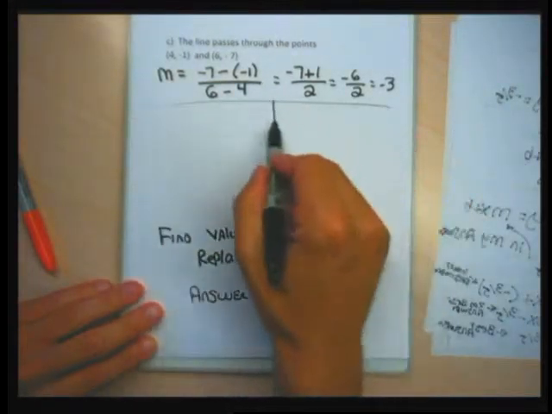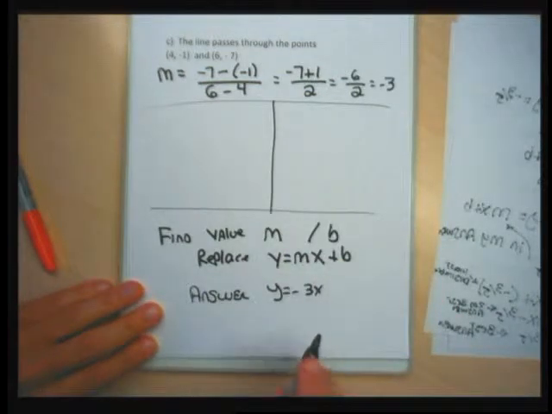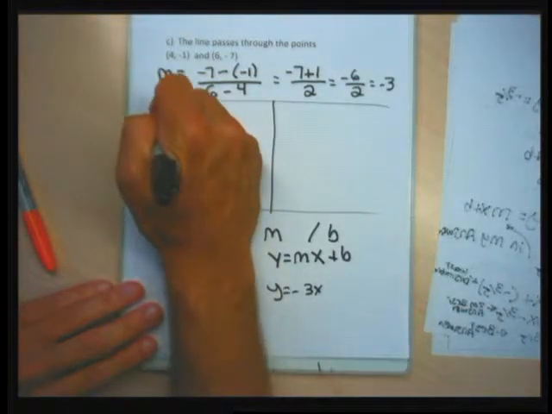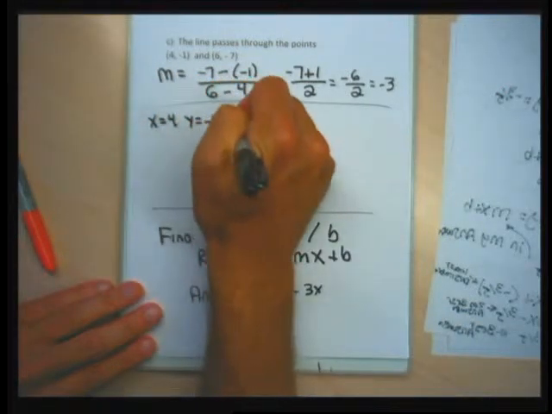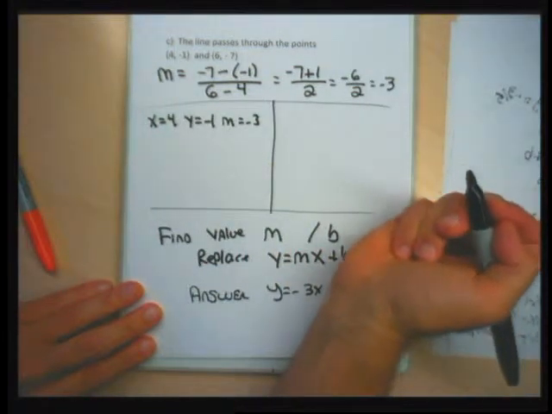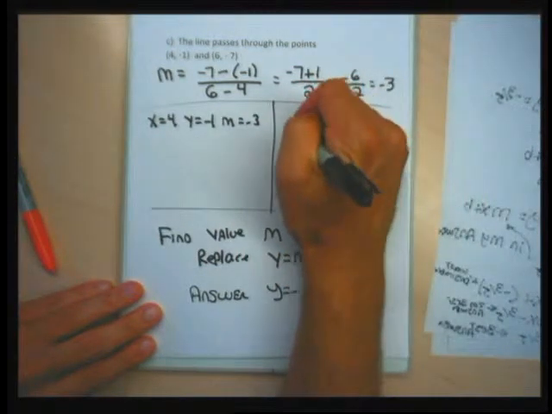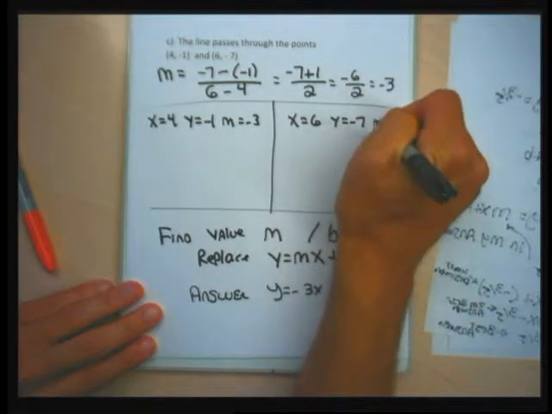Once I find the m, I could find the b. And to find the b, I could go x equal to 4, y equal to negative 1, m equal to negative 3 in the y equals mx plus b formula. Or I can do x equal to 6, y equal to negative 7, m equal to negative 3.